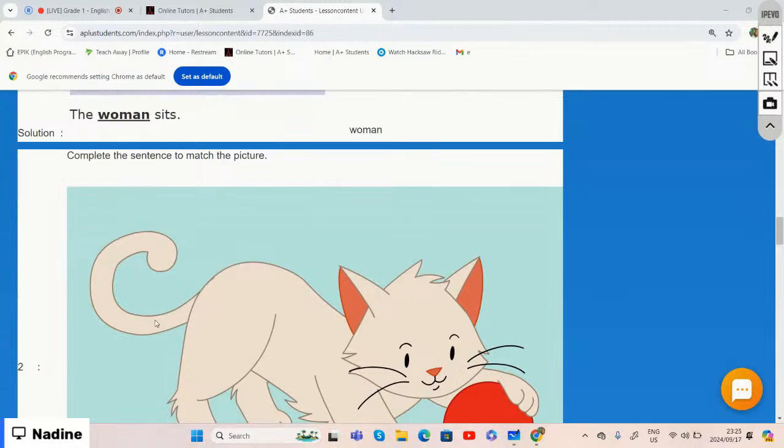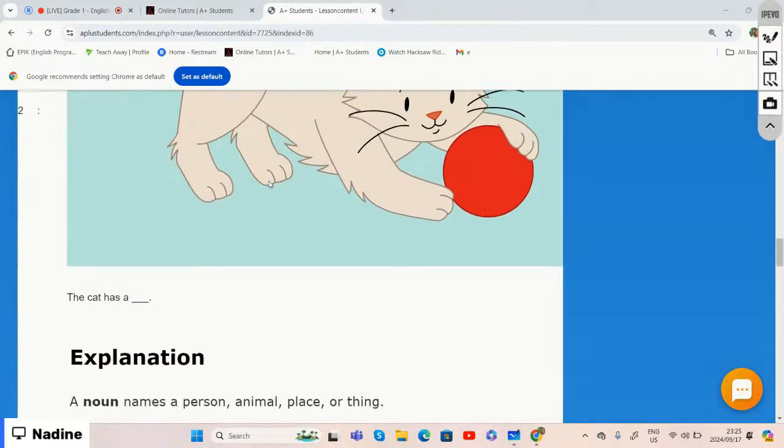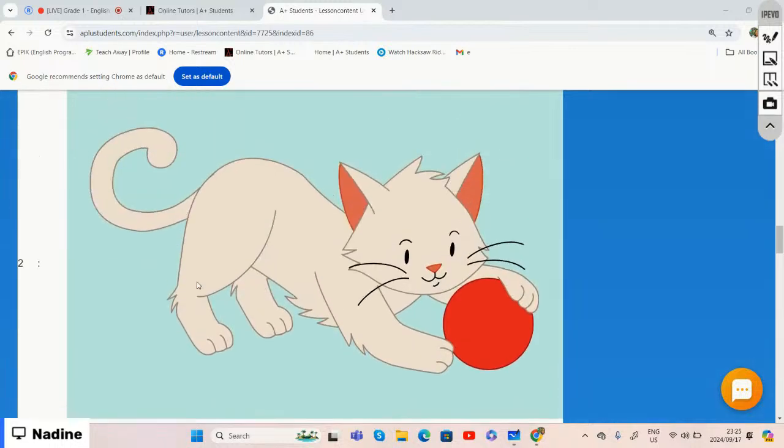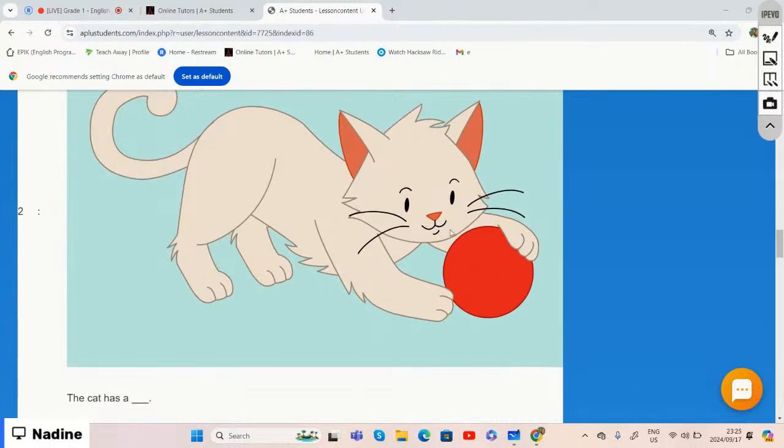We need to complete the sentence to match the picture. We need to make mention of the thing that the cat has. It says the cat has a, what does the cat have?